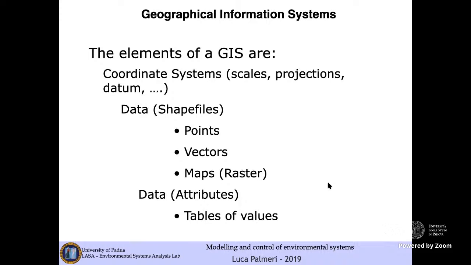Then, on the basis of these coordinate systems, you shall collect data files, what are called shape files in the Esri systems, so ArcView, ArcInfo, and so on. Shape files are files made of three different types of objects. First one is points, second one is vectors, and the third one are maps.